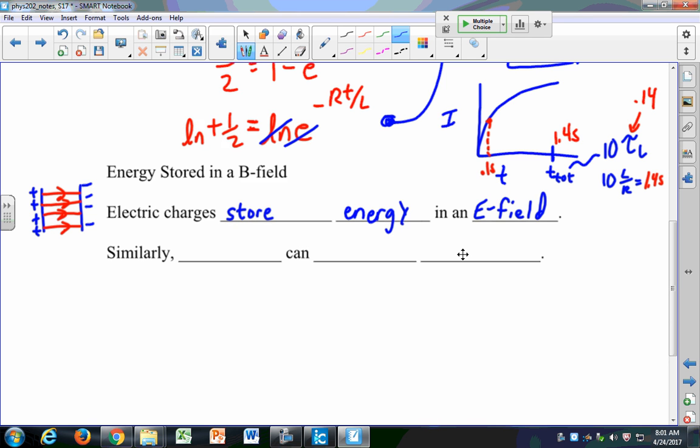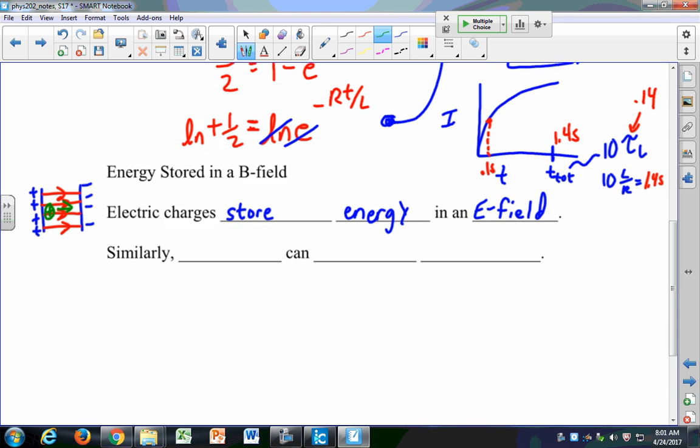I know there's energy because if I take a charge and put it, say, right here, it's going to move in that direction. So there is energy stored in this electric field. And so when I have electric charges, I can think of them storing energy in their electric field.